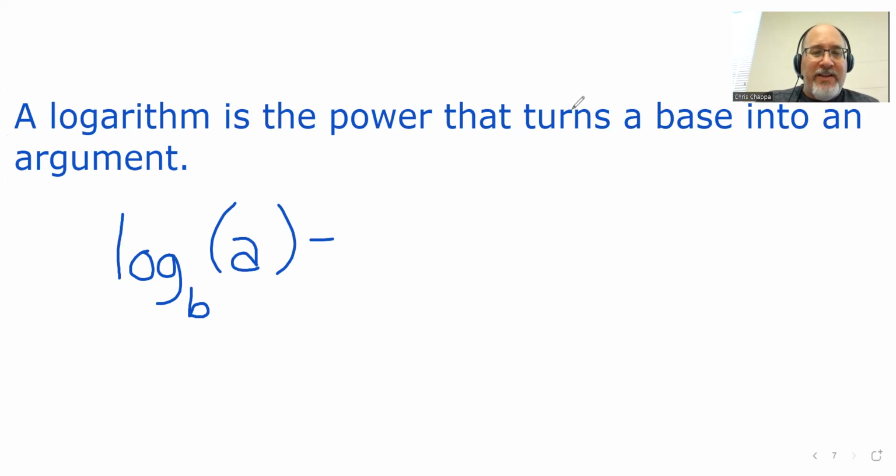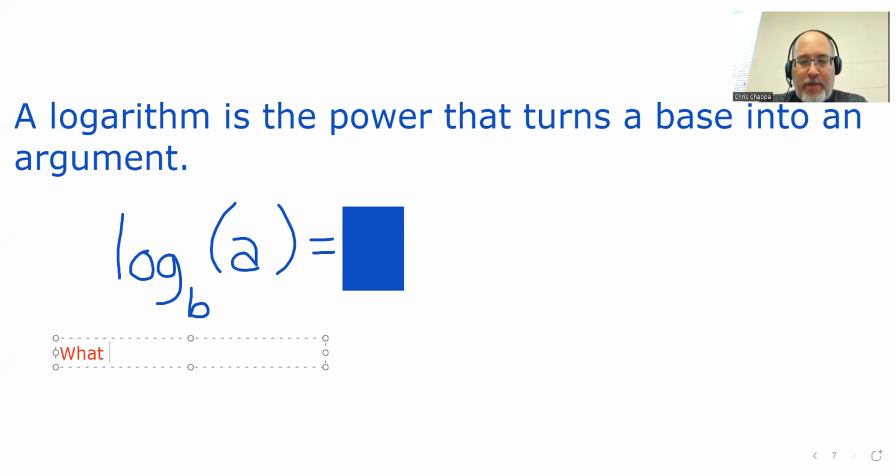If I say log base B of A is equal to some number, we'll just call it X. Well, why do you get to be the answer to a logarithm? What question is this problem asking? I know it's got B's and A's, but what question is it asking? We'll put it back in red. The question this is asking is what power turns the base B into the argument A?